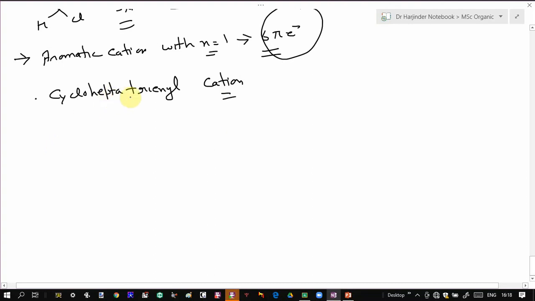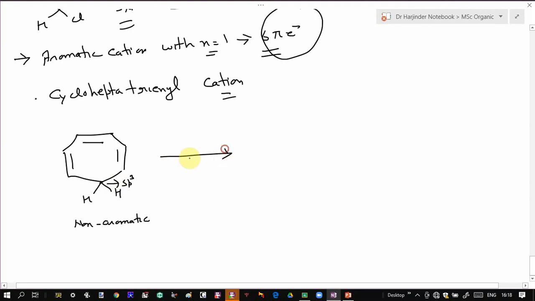Now cyclohepta means there are 7 carbons with 3 double bonds. Okay, so that is this one. So there are a total of 7 carbons with 3 double bonds. Now this cycloheptatriene as such is a non-aromatic compound. Why is it non-aromatic? Because even though it is cyclic, it is not planar and there is no delocalization of electrons, as this carbon is sp3 hybridized.